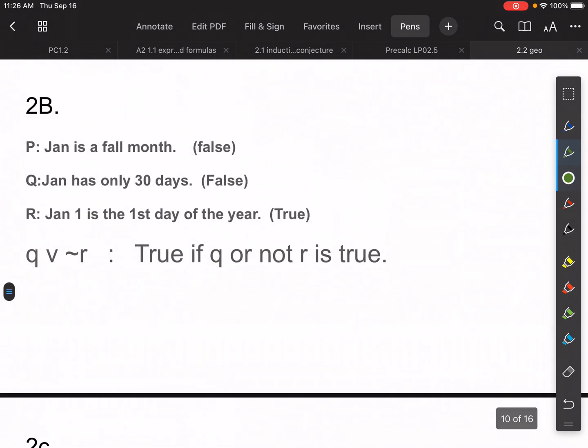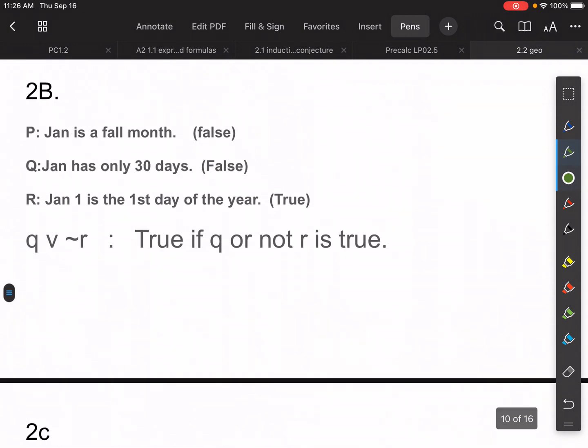Okay, so 2B, you can try that one out on your own here. I notice I used this V here, it's really confusing. It really should look like this: Q or not R. Remember that squiggle means not. Okay, so I'll help you write this out at first.